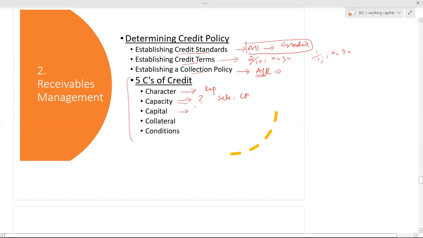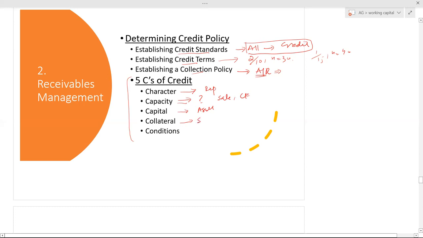Capital means: does the borrower have enough capital to justify the loan? That is, the size or assets of the company. Collateral means: does the borrower have any asset that can be secured against the loan?